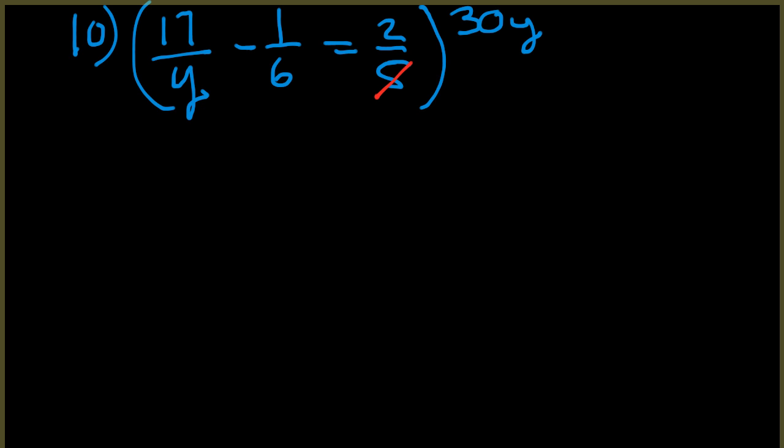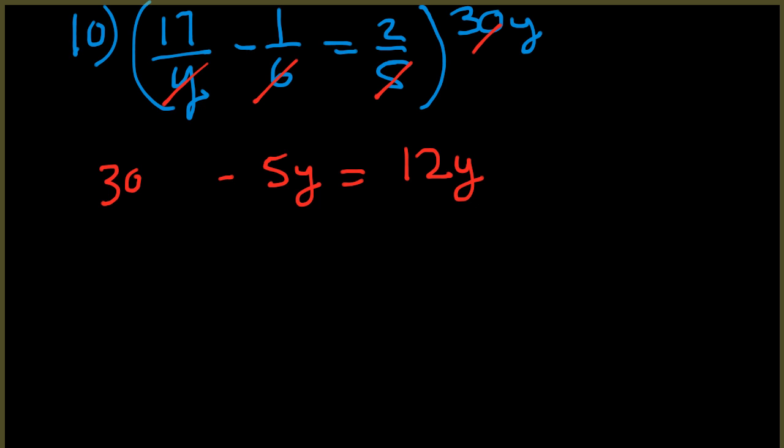In the first one, I'll be left with 6y times 2 is 12y. In the second one, I'll be left with a 5y. And the third term I'll be left with will be a 30 times 17.